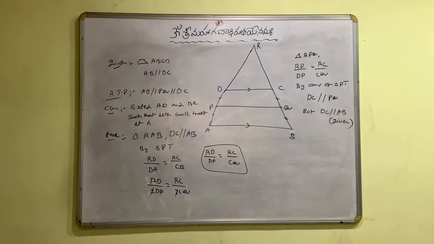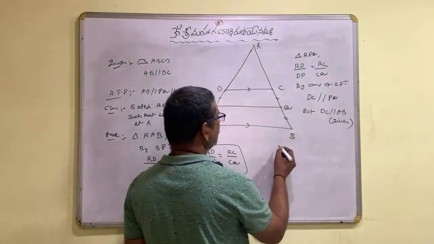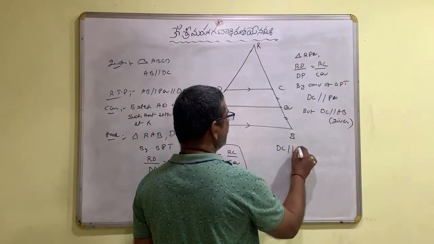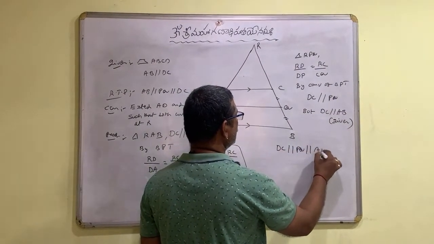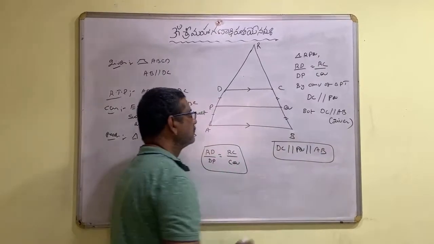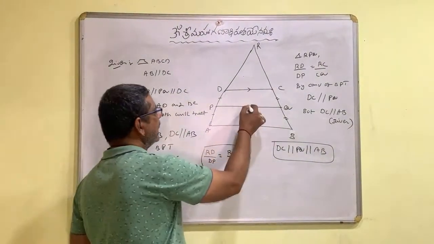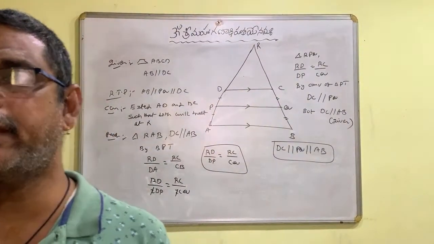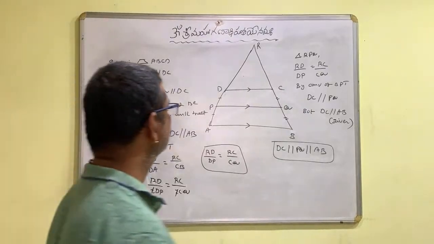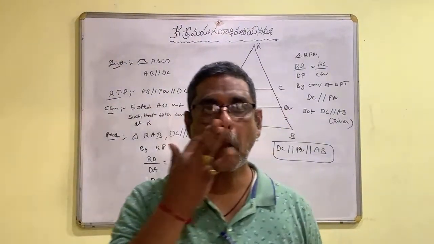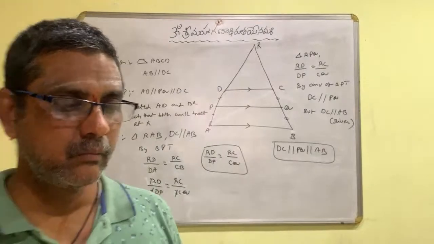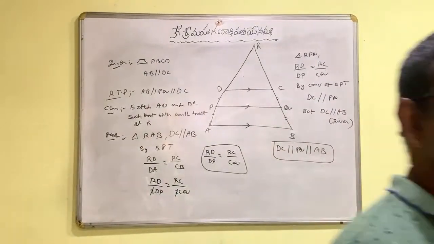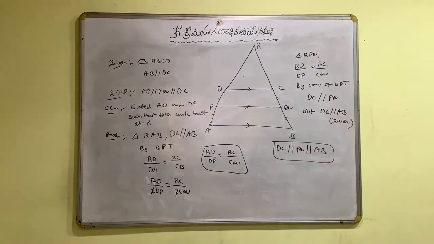So what can we conclude? DC parallel to PQ parallel to AB. These three lines are parallel to each other. Okay, na? Lines which are parallel to the same line are parallel to each other, right?